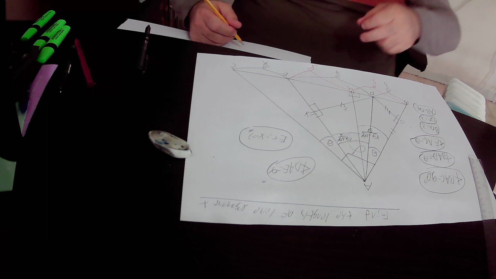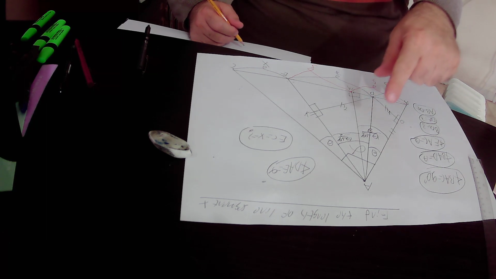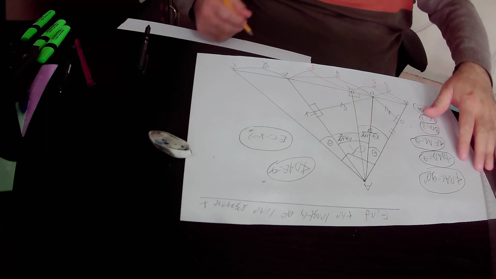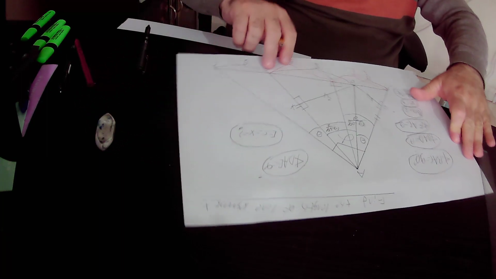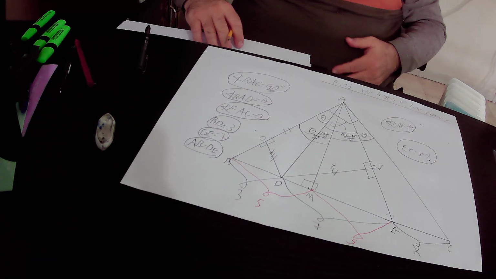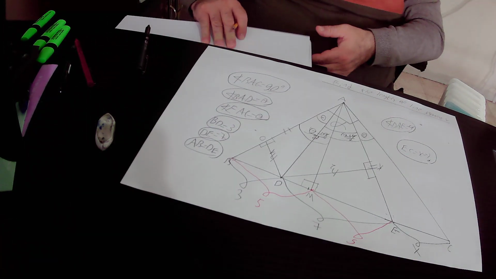Okay, so in the next step we will focus on the right triangle AME. I will copy the right triangle AME onto a new page, and we will analyze the triangle AME.